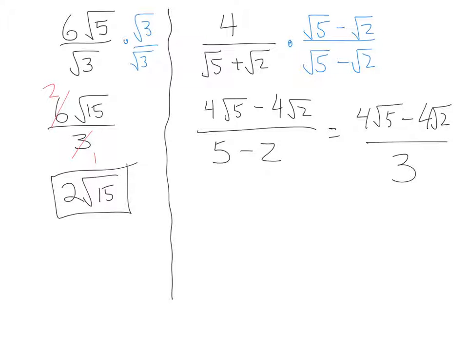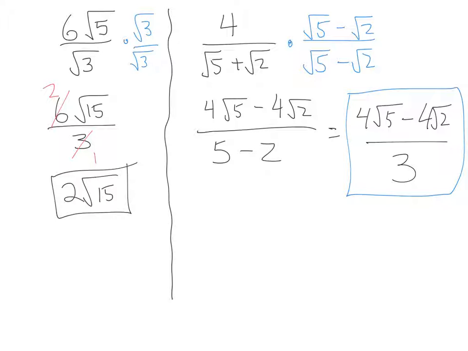And that's going to give us our final answer, since the 3 won't cancel with the 4's. If, for example, this had been 6 root 5 minus 6 root 2, we could have canceled the 3 with the 6's and reduced that down, similar to what we did on the previous problem.